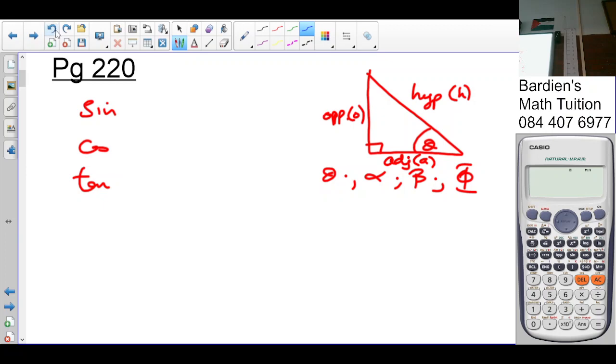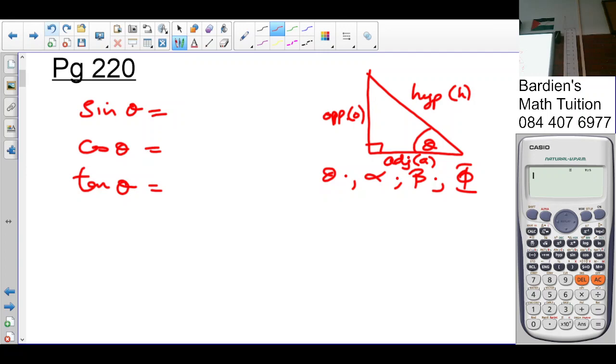So that's that. Sine cos tan mean nothing without an angle. So for sine, we need an angle theta here. We're referring to the diagram alongside.